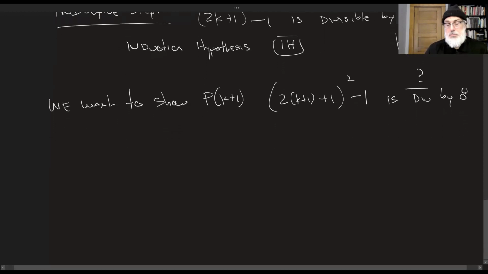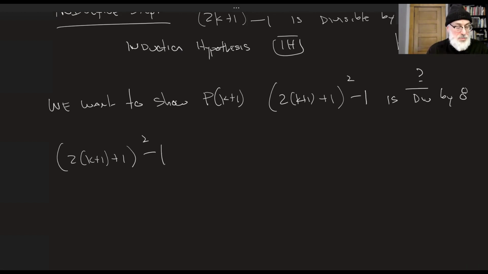All right, so we're going to take the 2 times k plus 1 squared minus 1, and we'll take a look at this. We'll do some algebra or some basic arithmetic. And we're going to try to show that this is divisible by 8.